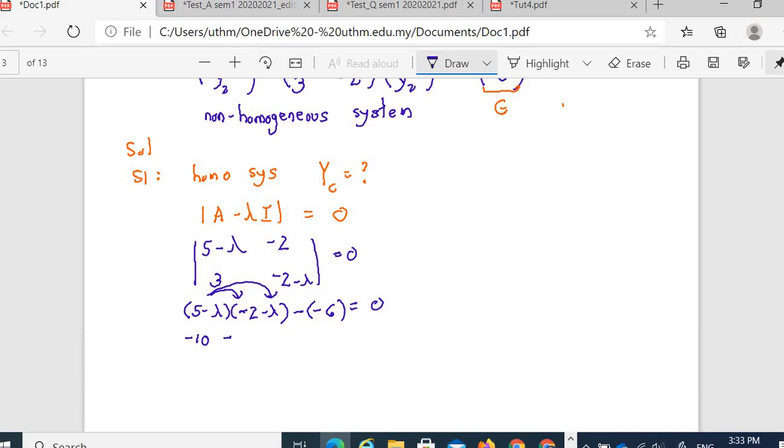So you have minus 5 lambda, plus 2 lambda, plus lambda squared, plus 6 equal to 0. So you have lambda squared, negative 5 lambda plus 2 lambda, so minus 3 lambda. Negative 10 plus 6, negative 4 equal to 0.